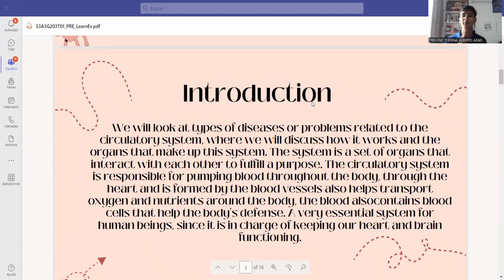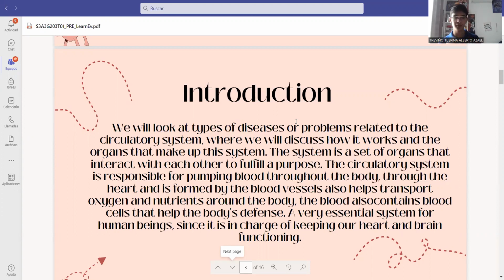In the introduction, we will look at types of diseases or problems related to the circulatory system. The circulatory system is responsible for pumping blood throughout the body, through the heart, and is formed by the blood vessels.